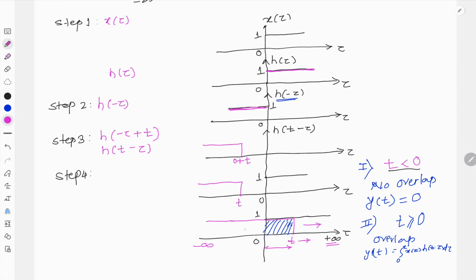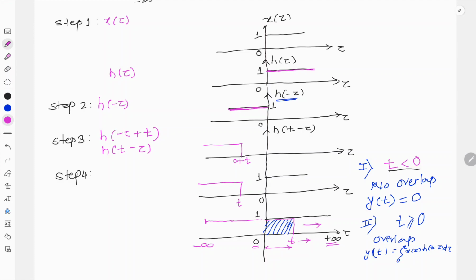Similarly, for the h of t minus tau signal, this particular edge is approaching negative infinity, therefore it will never cross the origin. Hence the lower limit will also remain 0 in such a case. Therefore there is no further condition where this overlapping region is going to change.